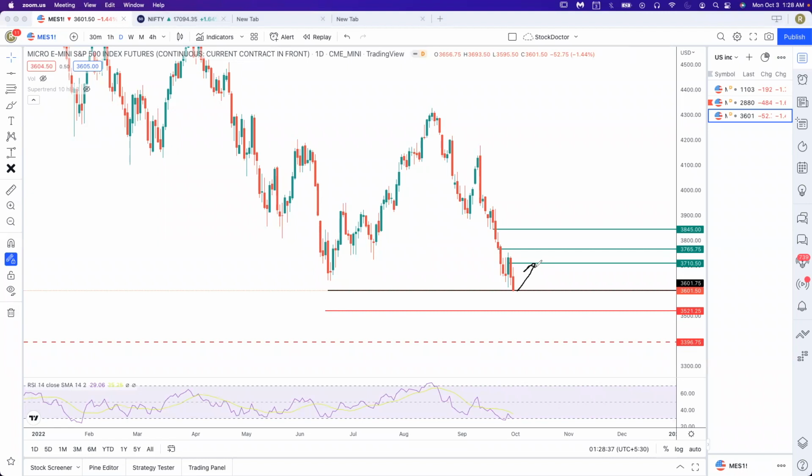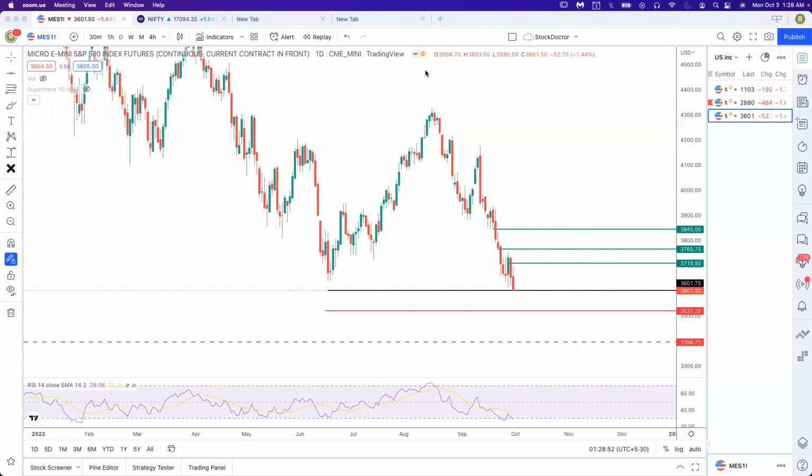First is 3710, second is 3765, and third is 3845. These are the three possible upsides if the market respects this 3600 level.